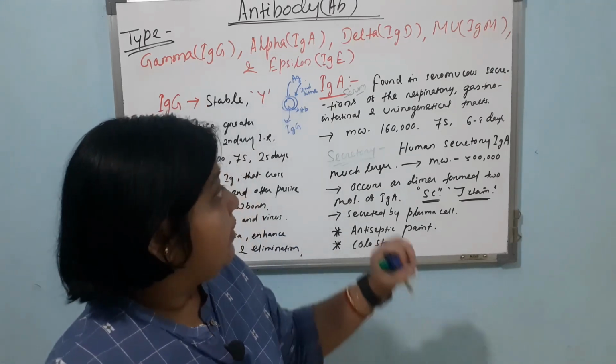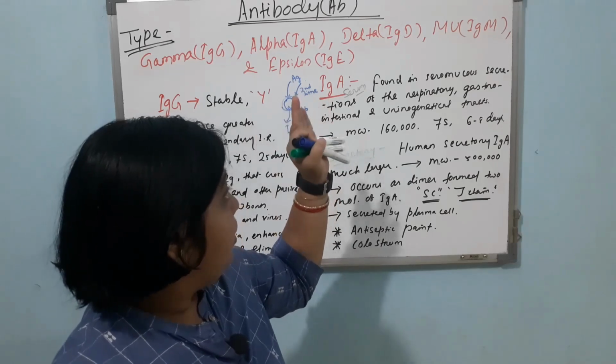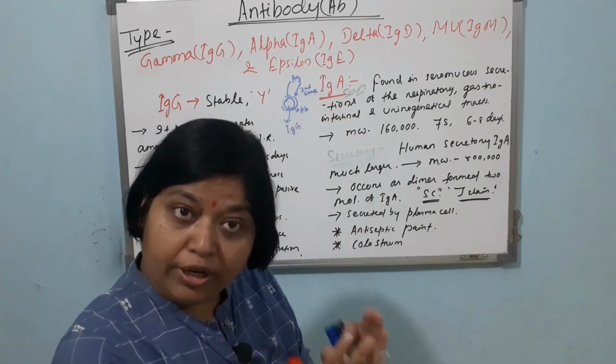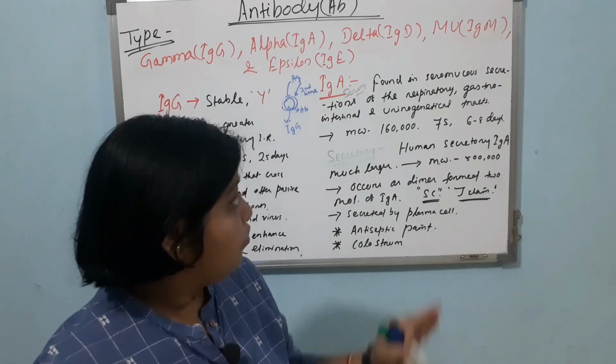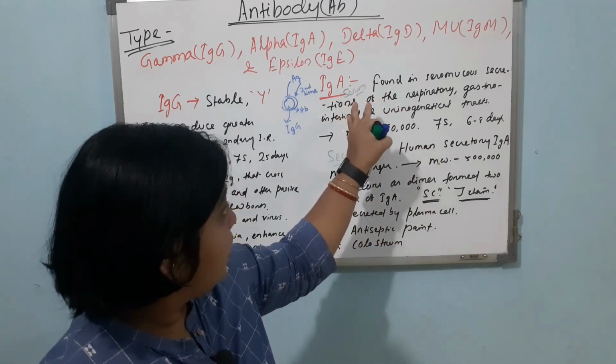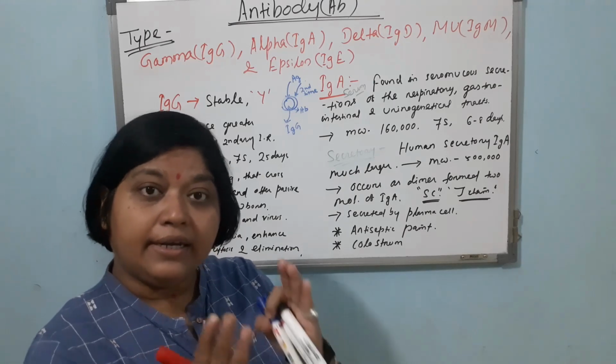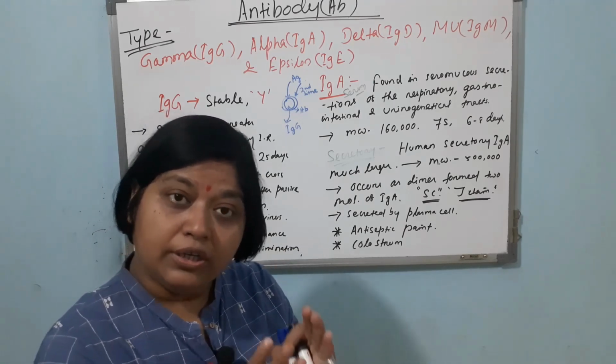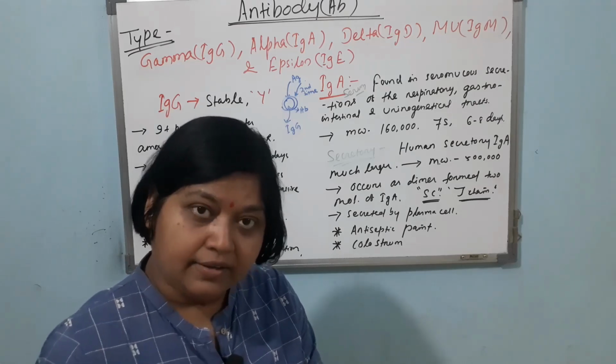You will find this serum immunoglobulin which is present in body fluid. In which part this serum immunoglobulin you will find? In gastrointestinal tract, in respiratory tract, and also in urogenital tract.